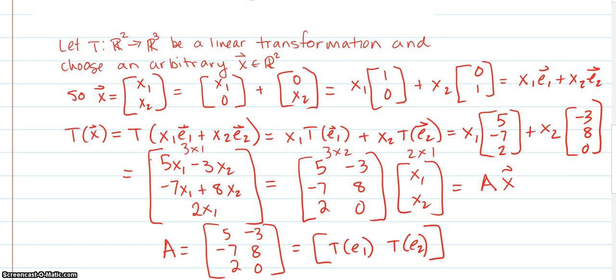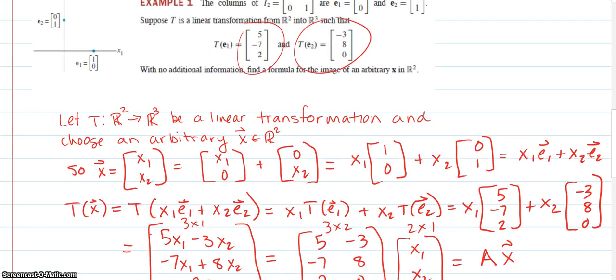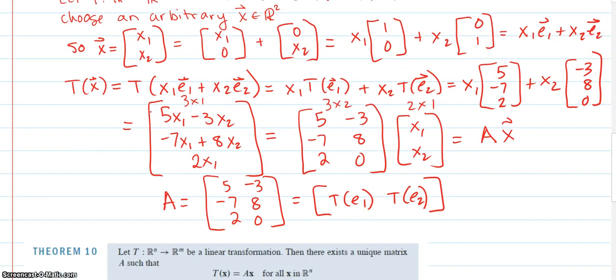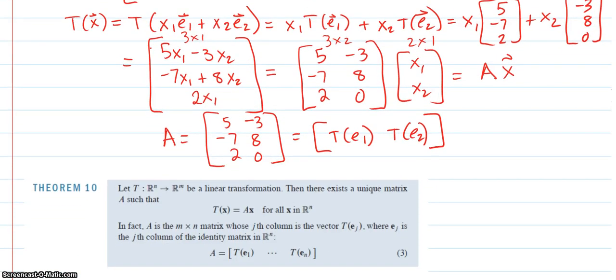If we go back up, T of E1 and T of E2, it's just those two columns. So in general, we have this really nice theorem. It says, let T be a linear transformation from Rn to Rm. Then there's going to exist a unique matrix A such that T of x equals Ax for all x in Rn.